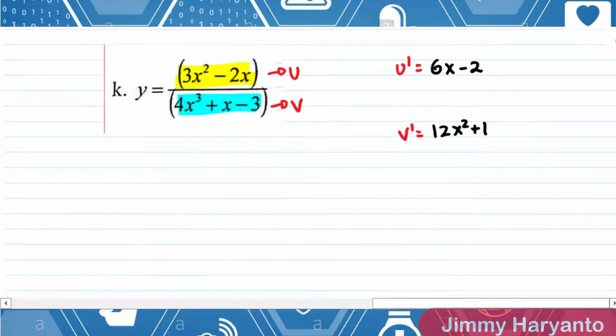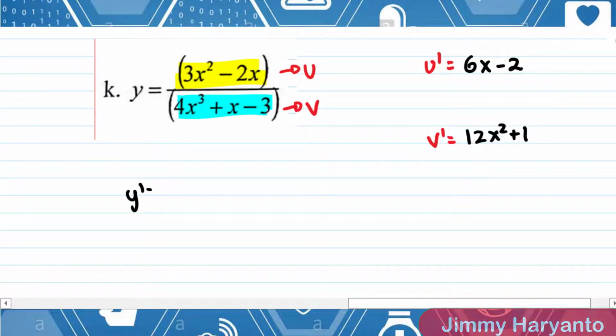So we already have the u accent and v accent. We can find the differentiation directly. So first, write the formula: u accent v minus u times v accent over v squared.